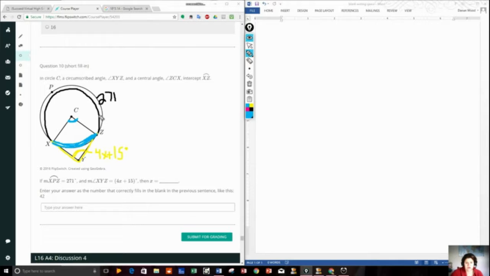So since we know that XPZ is 271, and we know there's 360 degrees in an entire circle, the measure of arc XZ is going to equal 360, the entire circle, minus 271.